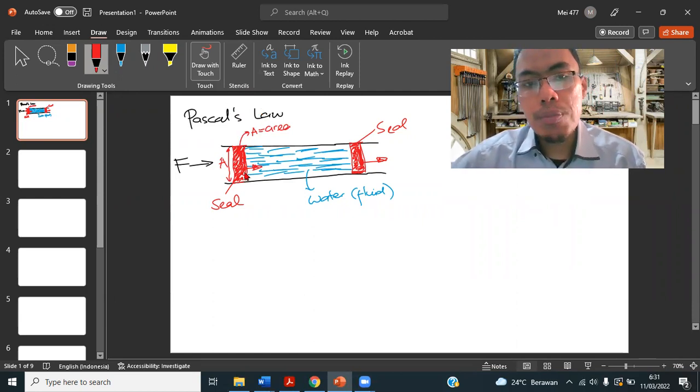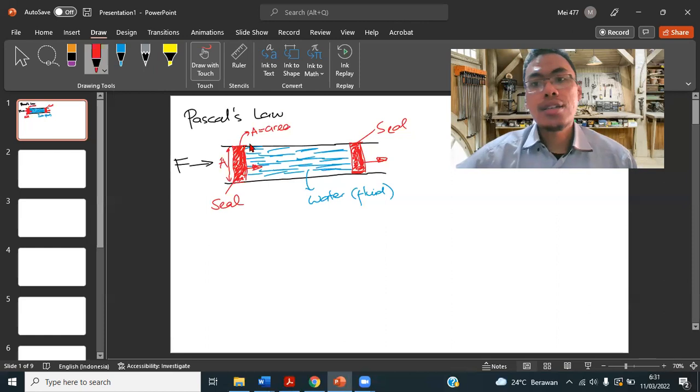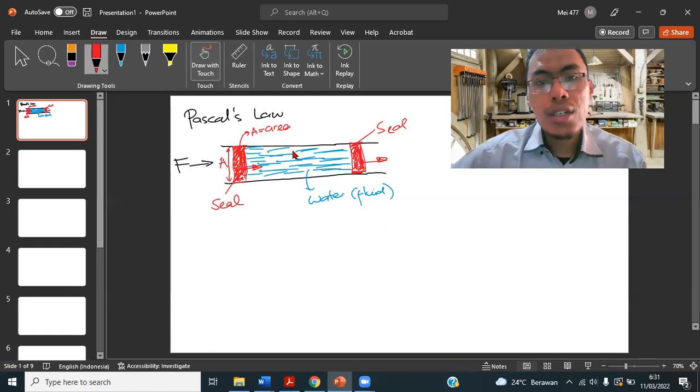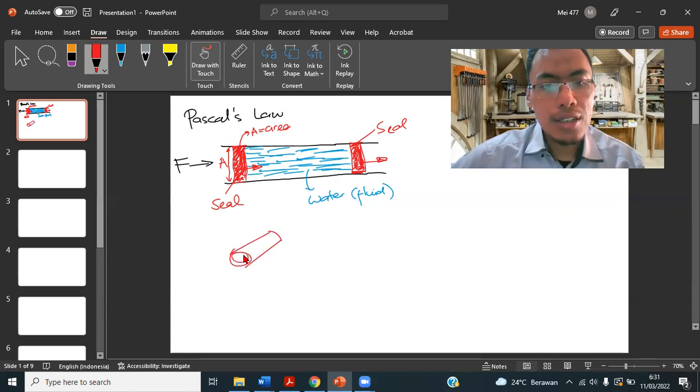Jadi plat ini dianggap sebagai plat gitu ya, dan platnya di sebelah sini pasti ada luasannya ya. Jadi dia tidak mungkin cuma satu, bentuknya seperti lingkaran gitu ya. Kemudian kita berikan gaya ya.